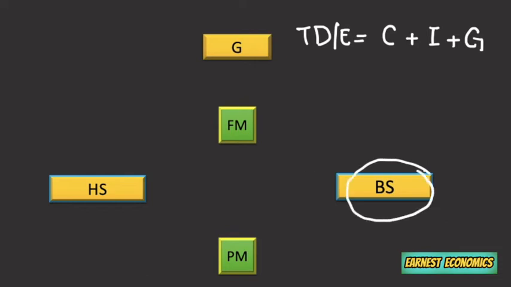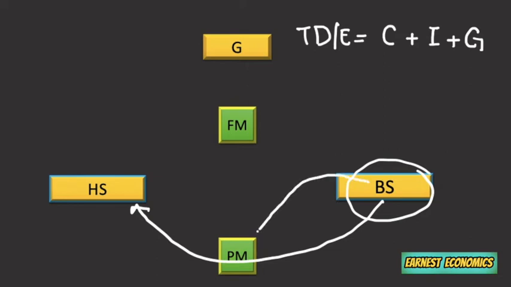Whatever the business sector is producing, it has got three sources of demand. One source of demand is the household sector, which purchases goods from the product market. One more source is the business sector itself. Some firms become a source of demand for other firms because they have to make investment.